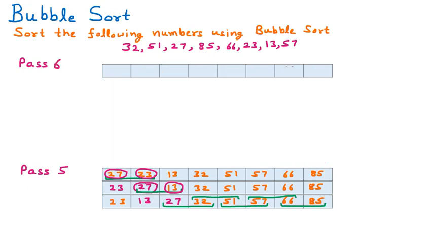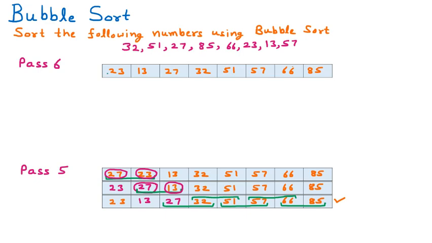Now we are working on pass 6 and we are going to take the last row of pass 5. So 23, 13, 27, 32, 51, 57, 66 and 85. So they will come here.